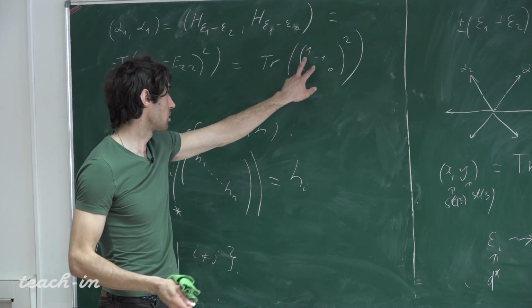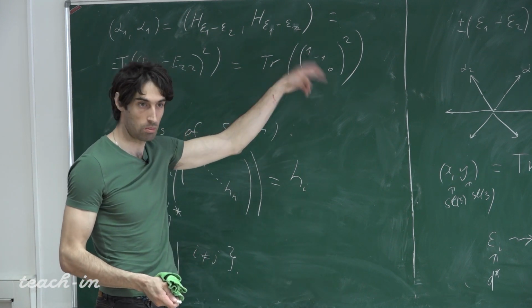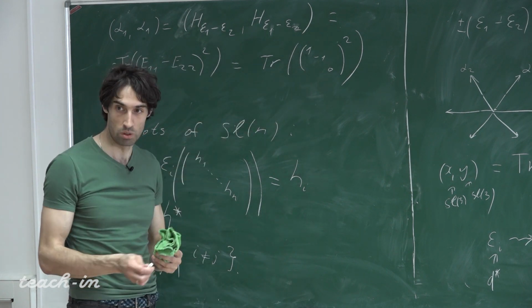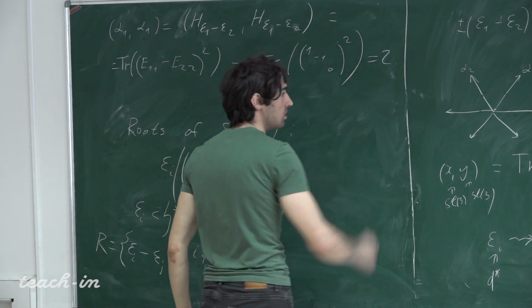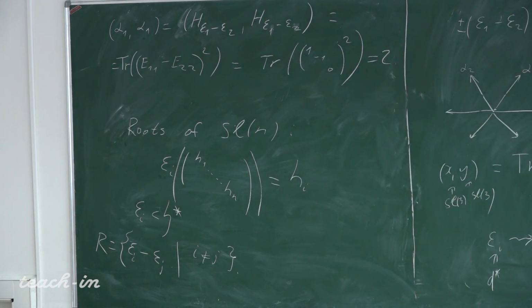When I square it, it is 1, 1, and the sum is 2. The same for alpha_2.